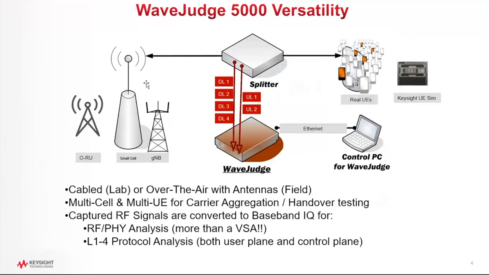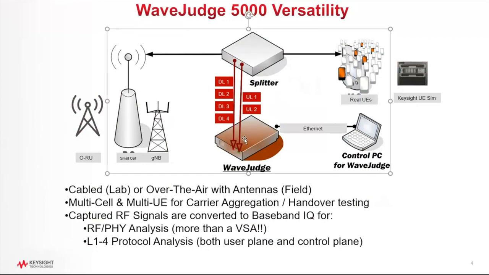If you have this equipment set up in the lab, the WaveJudge will use a splitter to capture that RF signal. For example, on the downlink, typically what we see in the lab in a conducted environment is a cable connected between the base station and the UE. You'll use a 1x2 splitter to send a small part of that RF signal to the WaveJudge.